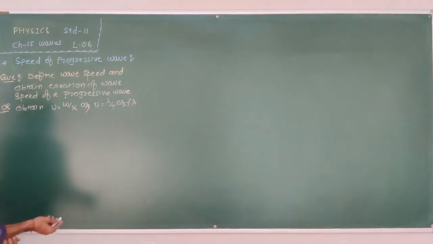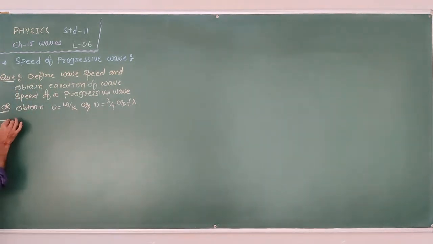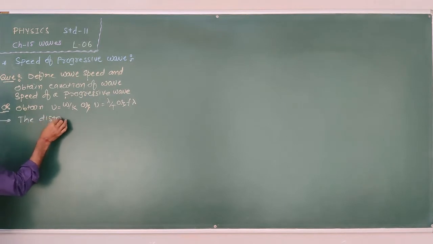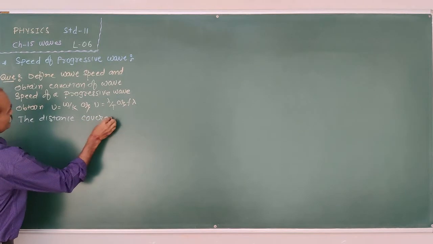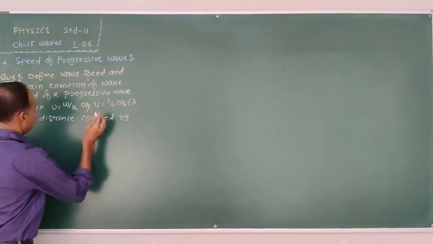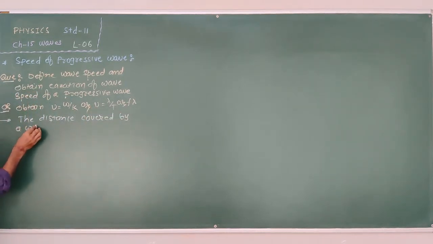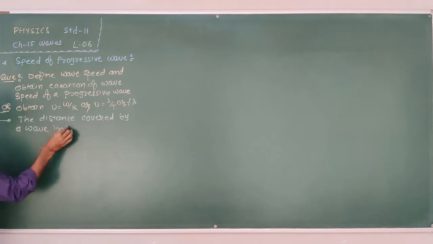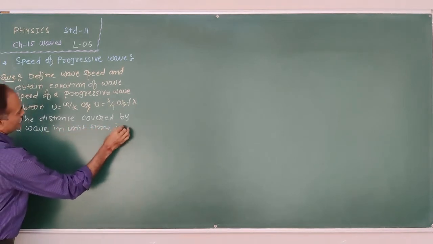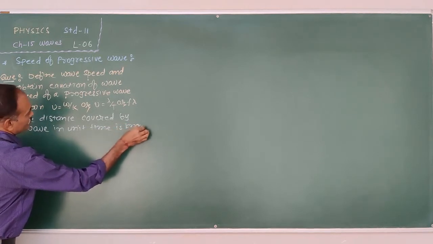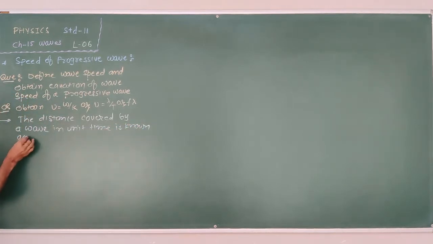The distance covered by a wave in unit time is known as the wave speed.